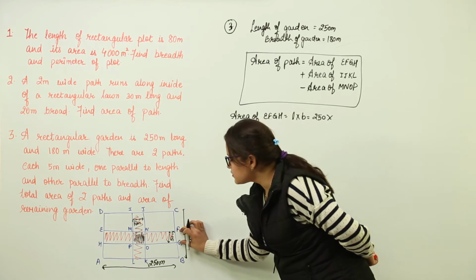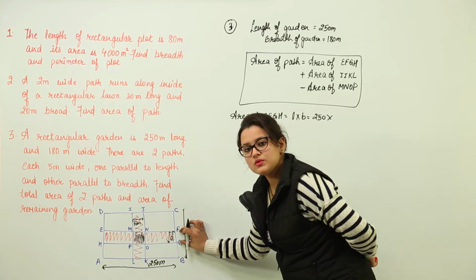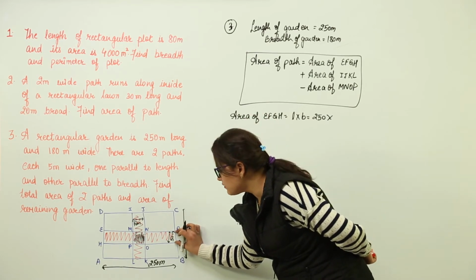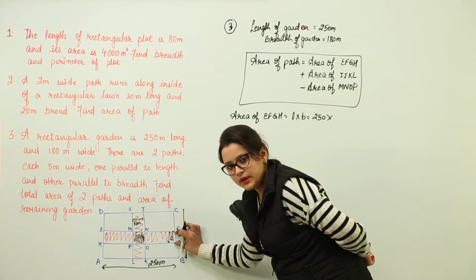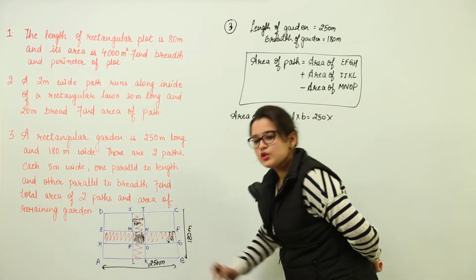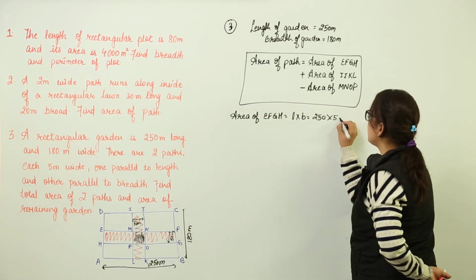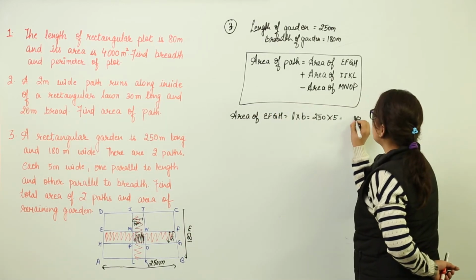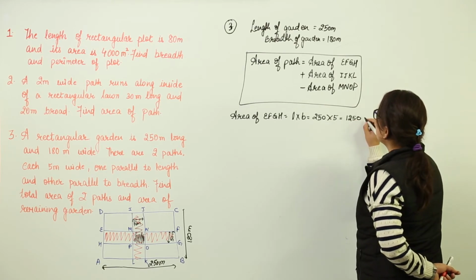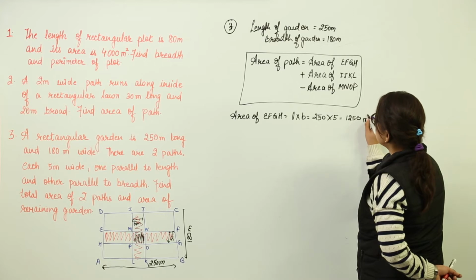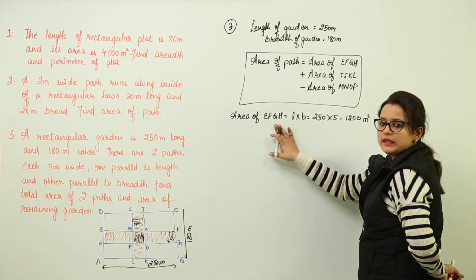The breadth of this rectangle is given to us as 5 meters because it is the width. So the width of the path is actually the breadth of this particular rectangle. So we'll write the breadth as 5. So we get 1250 meters square as the area of rectangle EFGH.